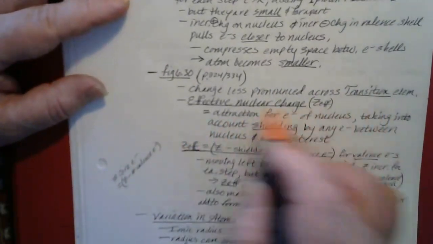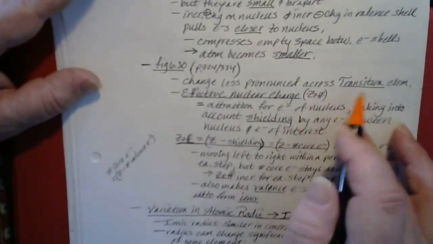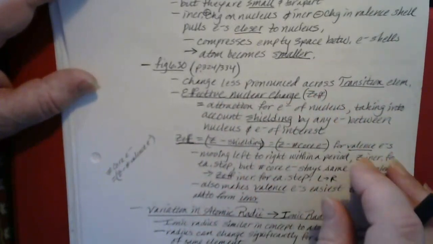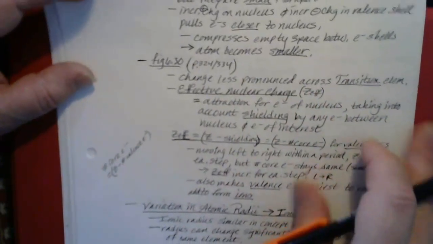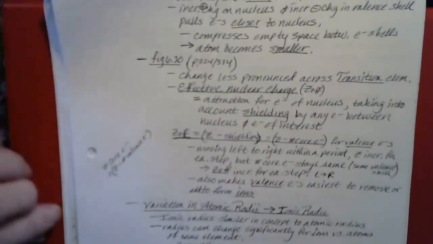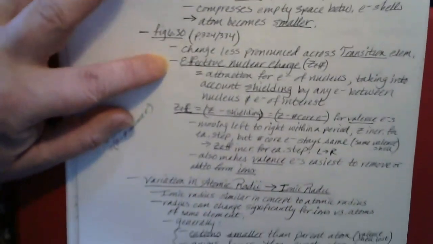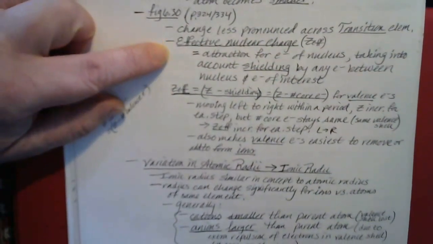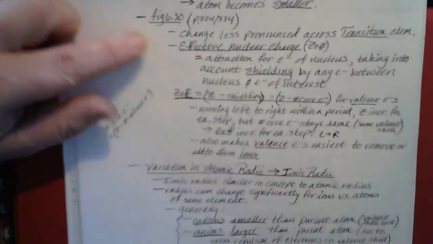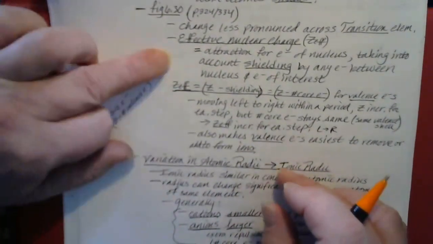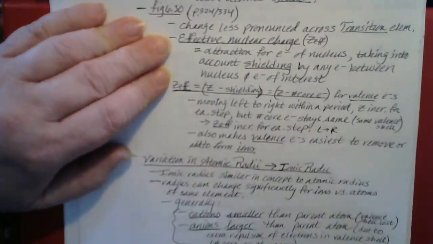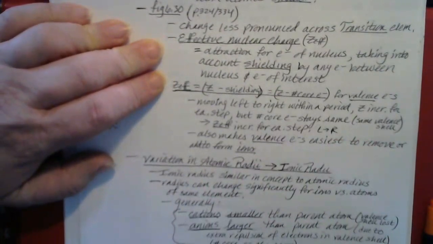Okay, across the transition elements, the change in radius for atoms is not as pronounced as it is in the A groups, but there is a change. And there is a way to measure the attraction between the nucleus and the outermost electrons, and that's called the effective nuclear charge. We're interested in the effective nuclear charge because, especially in larger atoms, not all of the nuclear charge necessarily reaches the outermost electrons.